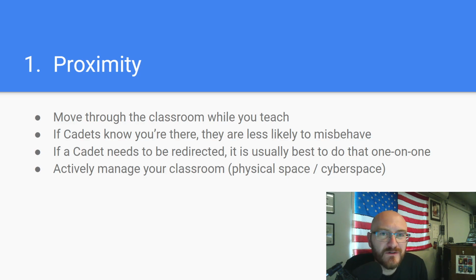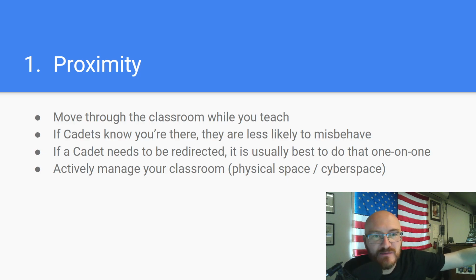If they know that you're there or going to be there soon, they're less likely to misbehave. Kids naturally will find the place in the room that's farthest away from the teacher. I'll notice the kids that sit in the direct opposite corner from my desk, because they think that's a place where they're away from the teacher.